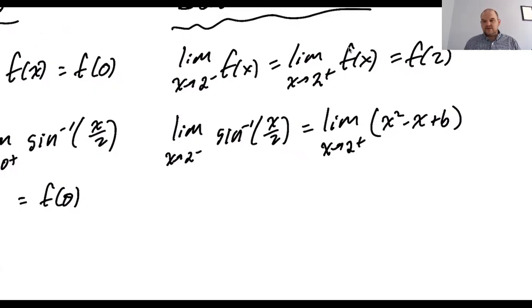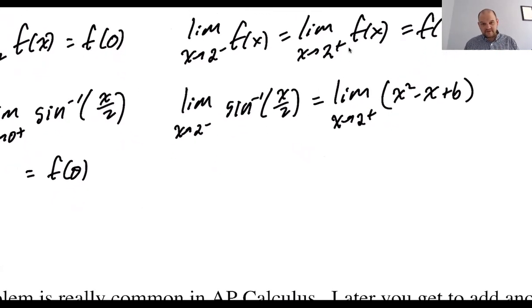Okay, so now both of those are continuous in and of themselves, which means that the limit equals the value of the function. So I'm going to evaluate the limit by finding the value of the function at 2. So this will be the inverse sine of 1. So what gives you that? Think about that. Think of the unit circle.